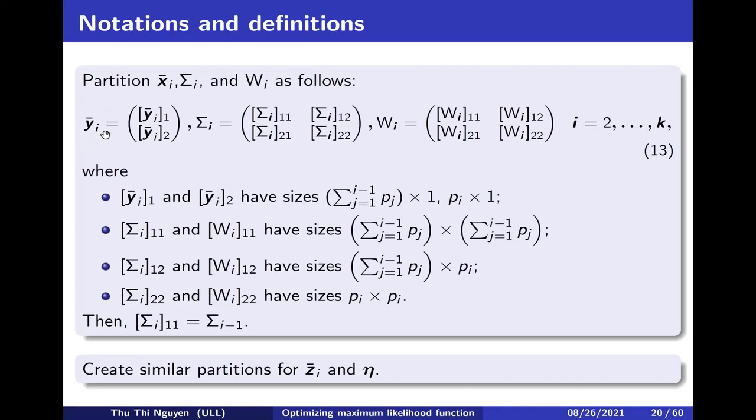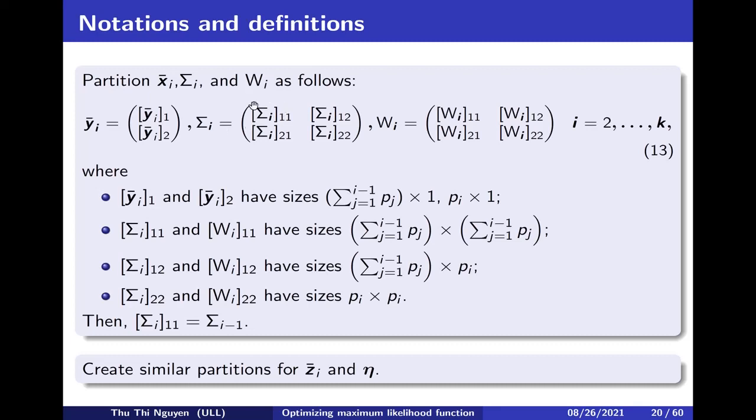So y I is partitioned into a first part and a second part, where the first part has the size of the sum of pj, from 1 to I minus 1, times 1, and the second partition has the size of p I times 1.